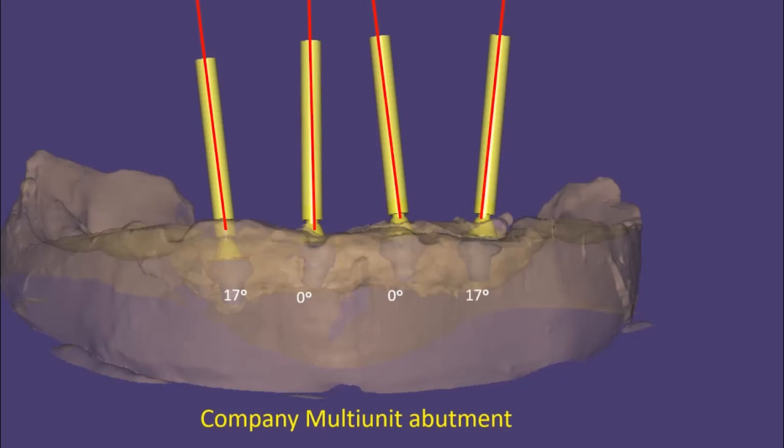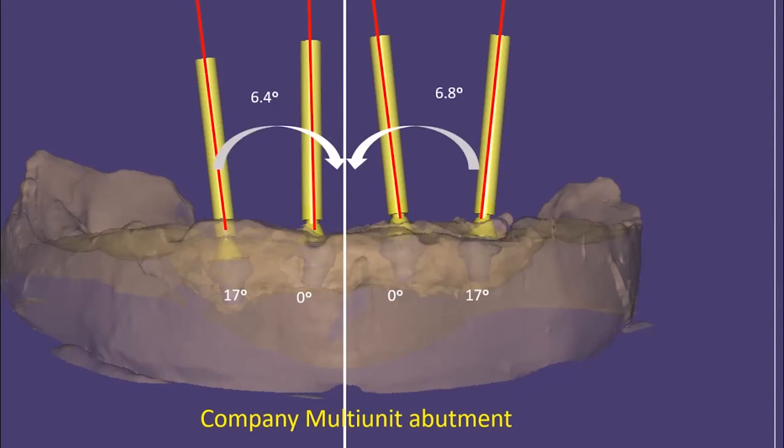This is the case in which the center is the 0 degree we have already used, and on the distal-most one we have placed a 17 degree implant and used a multi-unit abutment available from the company, the 17. So I know I have placed it at 17, but it is not exactly 17 degree. It may be 18, 19, or 15. That is a limitation of the prefabricated abutment, and because of that activeness occurs.